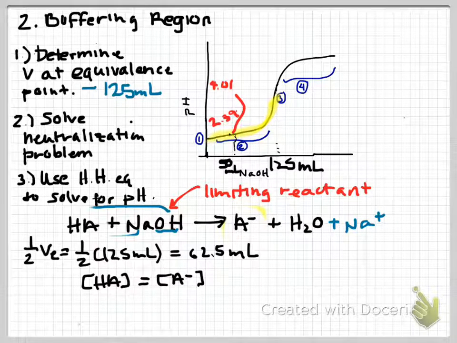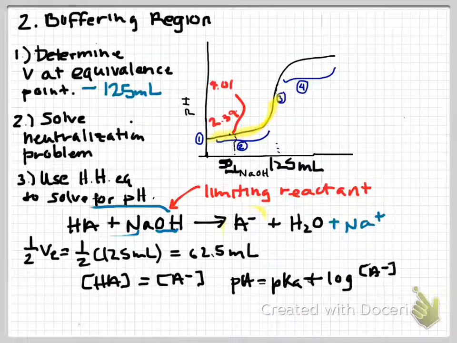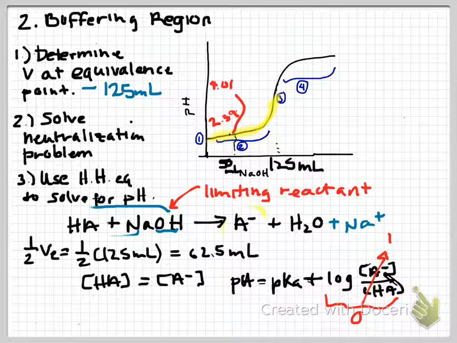And when you look at the Henderson-Hasselbalch equation, plus the log of A minus over HA, if these two concentrations are equal, we have 1 here, and then the log of 1 is 0. And so the pH is going to equal the pKa at this point.